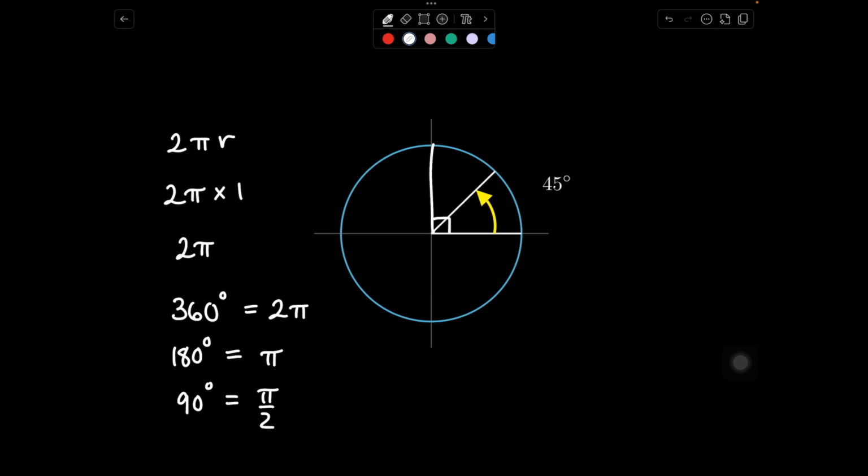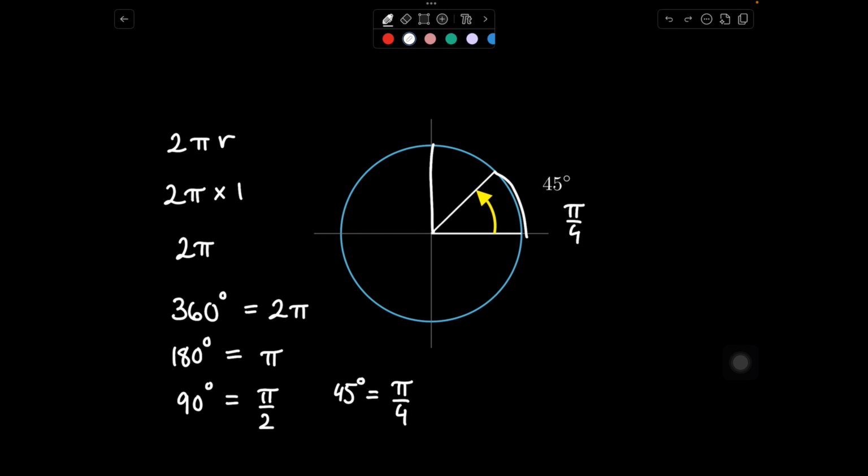So this would be pi on 2 radians. And then if you divide that one more time by 2, that will get us what our 45 is. So 45 degrees is equal to pi on 4. So this length right here is pi on 4. So that means 45 degrees is the same thing as pi on 4 radians.